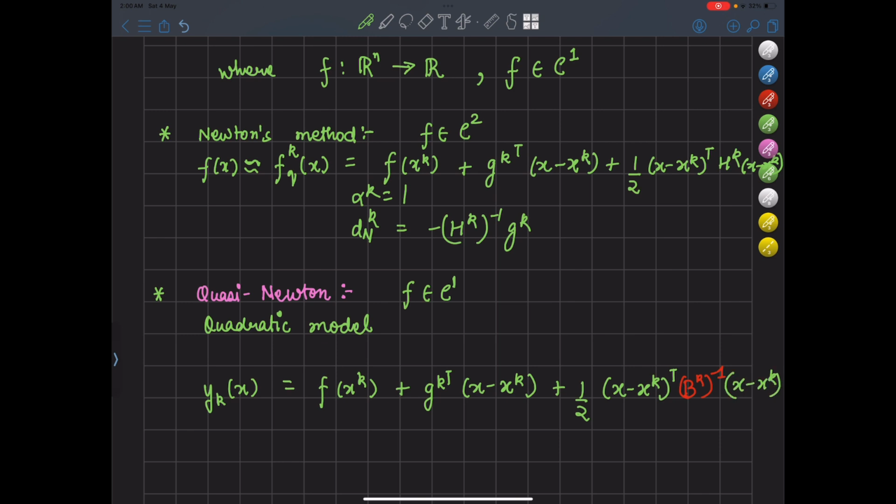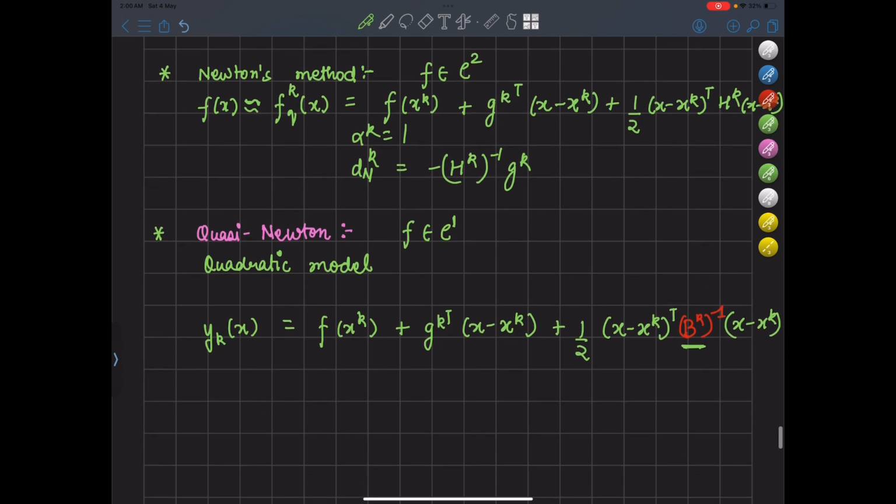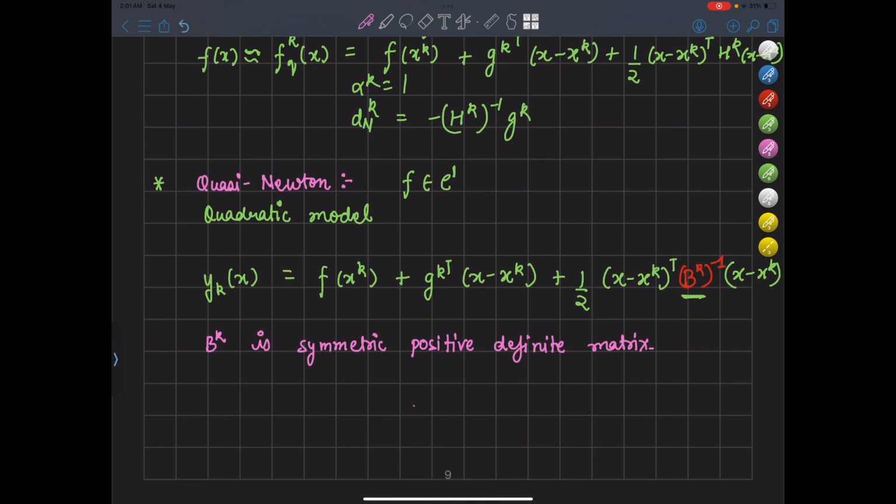So in place of hk, we have bk inverse here, and this bk is a symmetric positive definite matrix, and the Quasi-Newton direction is given by, as we have seen earlier, minus bk gk.